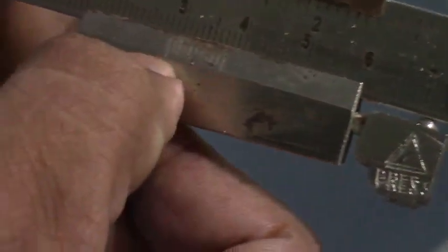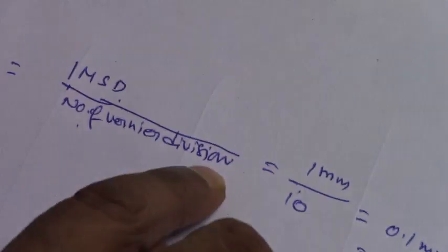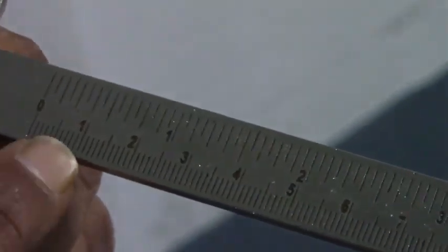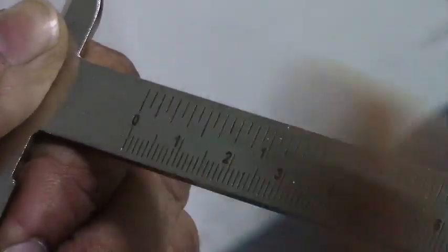So the denominator is very clear, students. Here you can find only 10 lines: the 0th line, 5th line, and 10th line. So the number of divisions is 10. What is one main scale division value? Here this is the centimeter scale: 0th centimeter, 1 centimeter, 2. If you take any two successive readings, the difference between 1 and 0 is 1 centimeter. 1 centimeter is nothing but 10 mm.